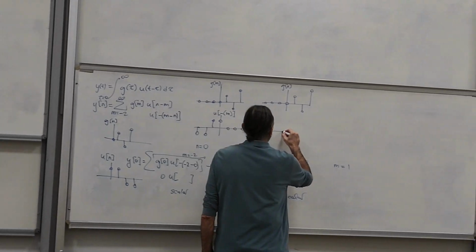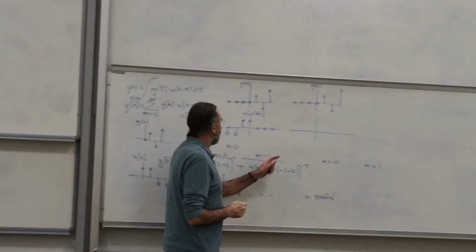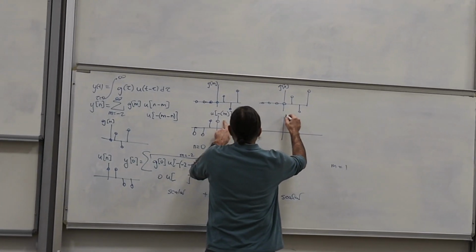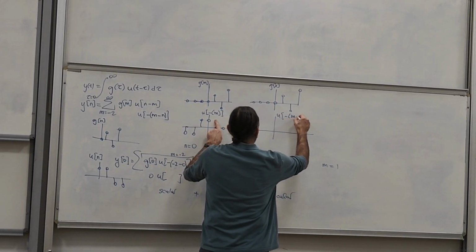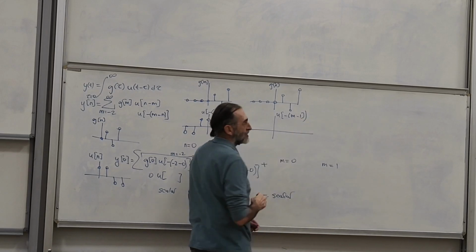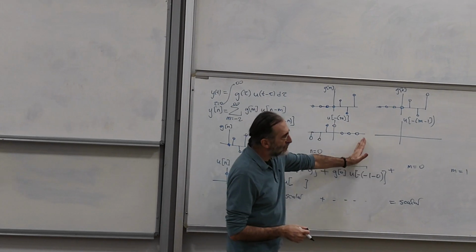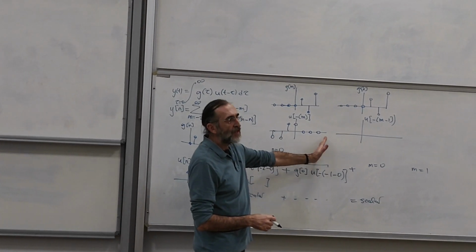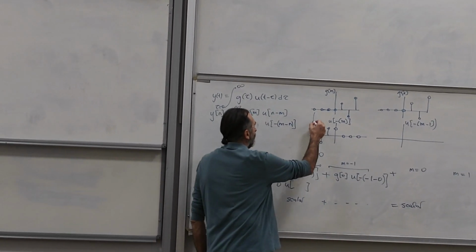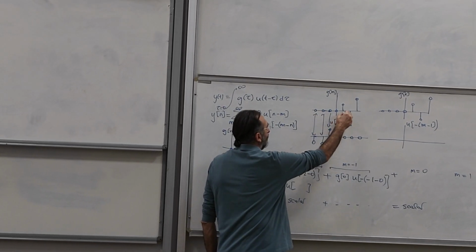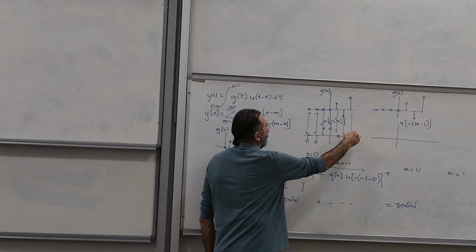And then I'm going to time shift my n by 1. So it's going to be u of minus n minus 1. Okay? So that means that I'm going to move this over by 1. What I'm doing here is I'm multiplying this with that, this with this, this with that, this with that, this with that, this with that, this with that.